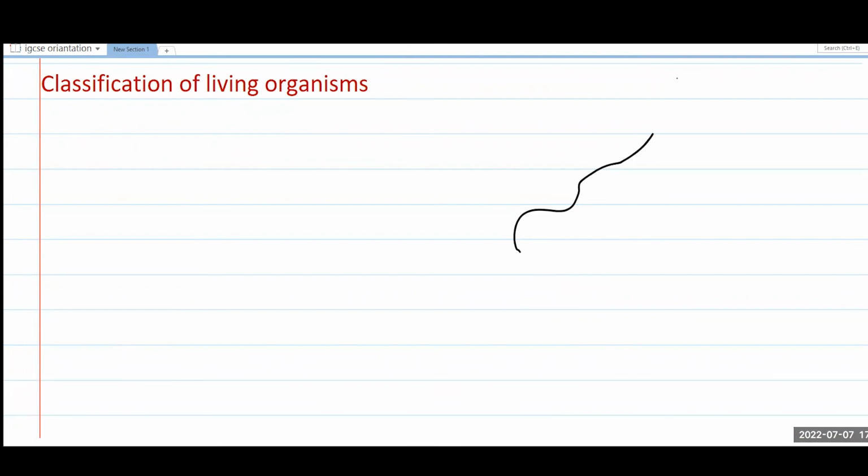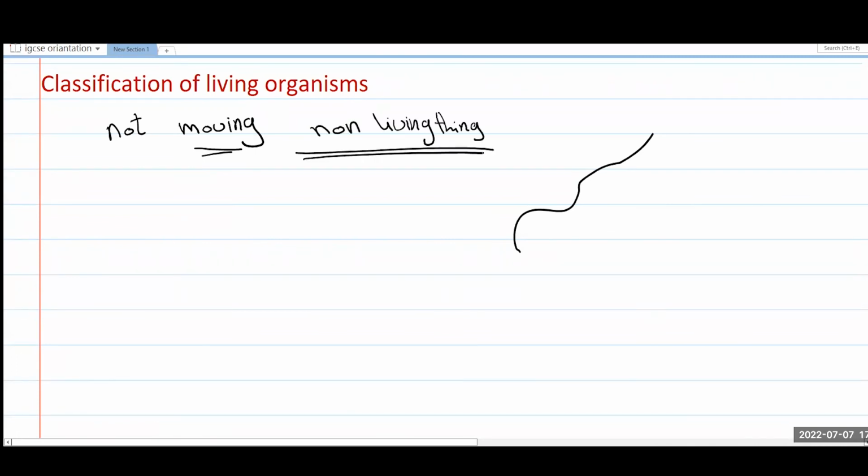It's not moving, so I will say it is a non-living thing. But if it was moving, it is a living thing. If it's not moving, it means it's not a living thing.